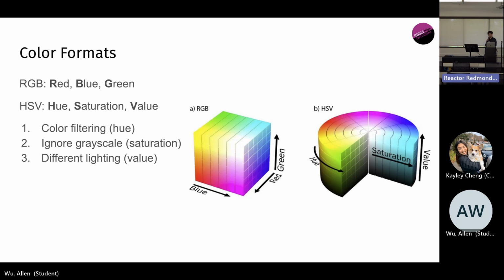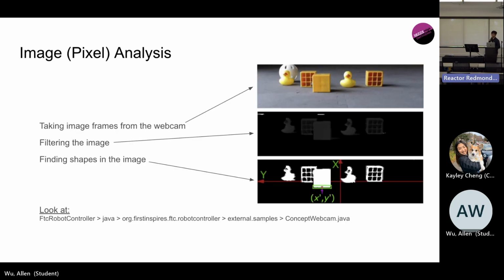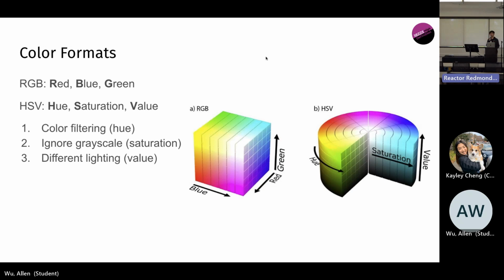If we want all yellow pixels, like from the previous slide, we can just filter out everything based off of one number, which is the hue. If it was RGB, we wouldn't be able to set good ranges for what counts as yellow and what doesn't count as yellow.